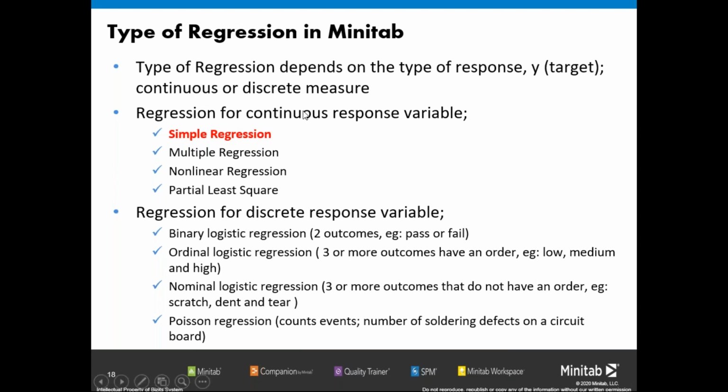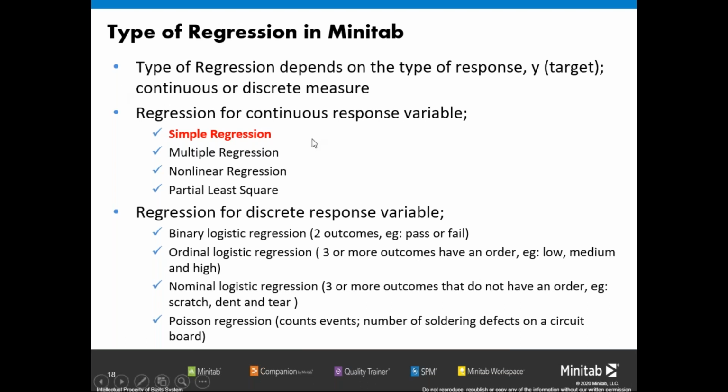For discrete measurement, your y can be binary, let's say accept or reject, or ordinal, let's say low, medium, high, or satisfaction: satisfied, very satisfied, not satisfied.